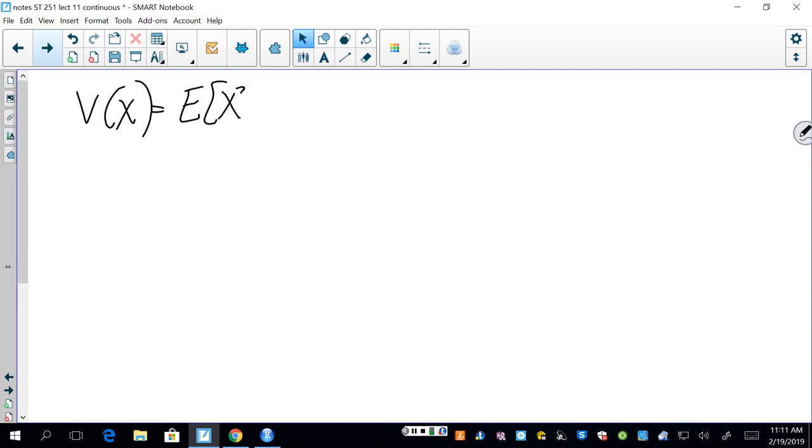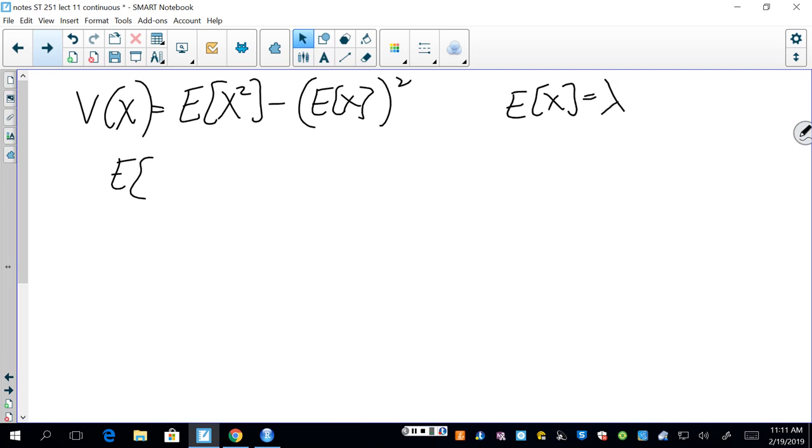Now, if you want the variance of x, we would take the expectation of x squared minus the expectation of x, quantity squared. For this exponential, the expectation of x is 1 over lambda. For the expectation of x squared, we would take an integral from 0 to infinity of x squared times the density, lambda e to the negative lambda x dx.